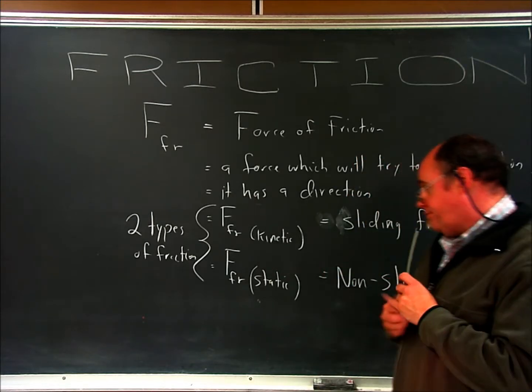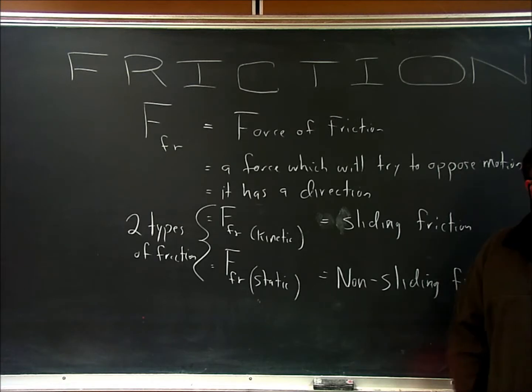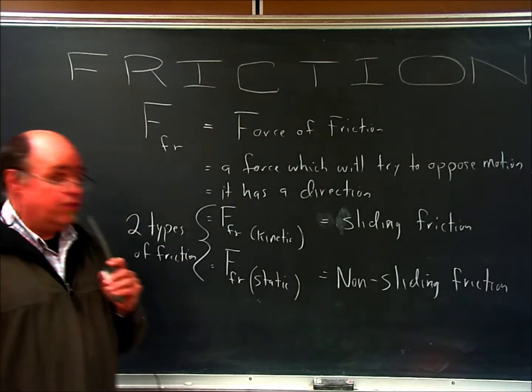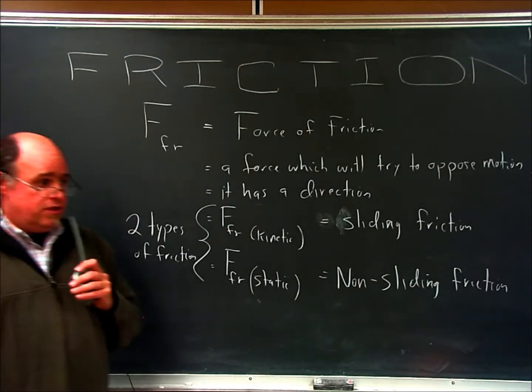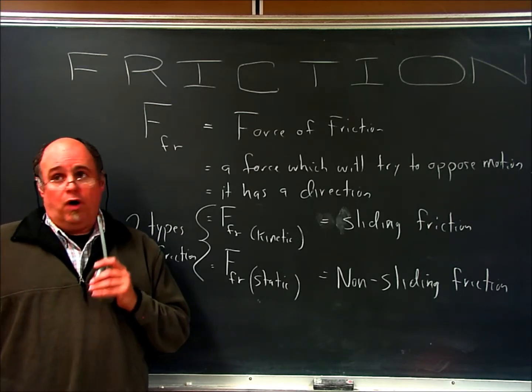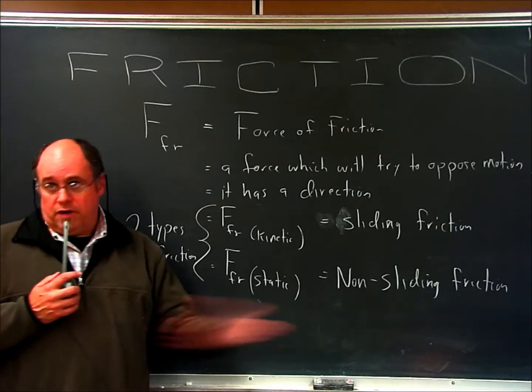We say static friction is non-sliding. The reason I'm able to walk across the floor is that when I put my foot on the ground, it stays on the ground and doesn't slide off. When I walk along the ground or drive my car along the road, I'm expecting static friction to give me a comfortable journey.